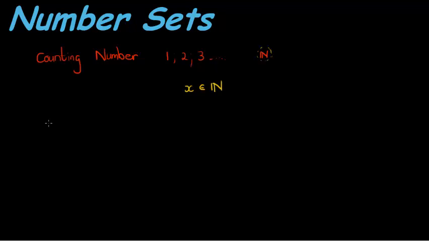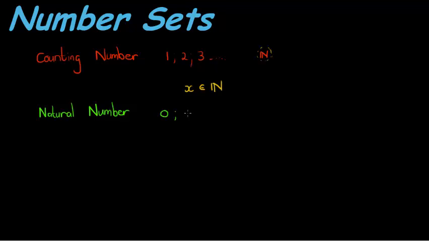Now, another set of numbers is called the natural numbers. The natural numbers are basically the same as counting numbers. The only difference is we start at 0. In nature, whole numbers occur. So, for example, I can have 1 tree, 2 trees, 3 trees, but I can also have no trees, 0 trees.